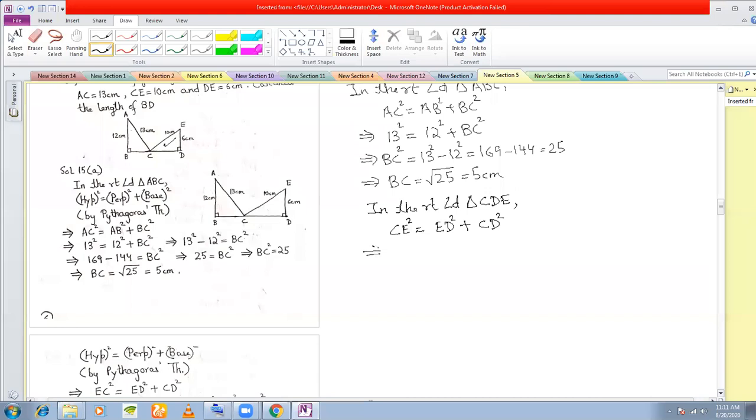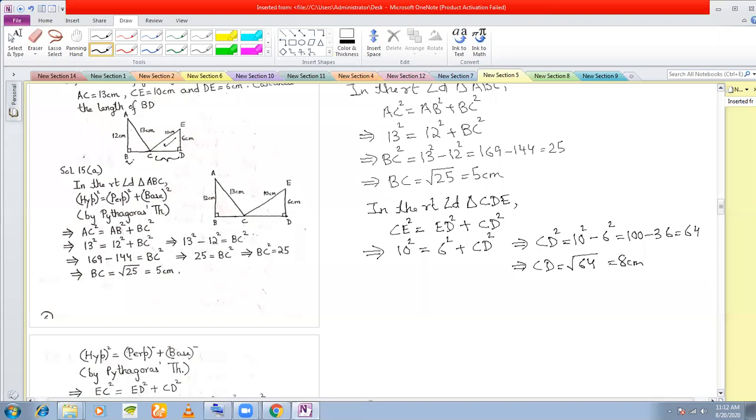CE is 10, so 10 square equals ED, which is 6 square, plus CD square. Means CD square is 10 square minus 6 square, 100 minus 36, which is 64. So what is CD? Square root of 64, which is 8 centimeter. So here we have managed to find out CD.